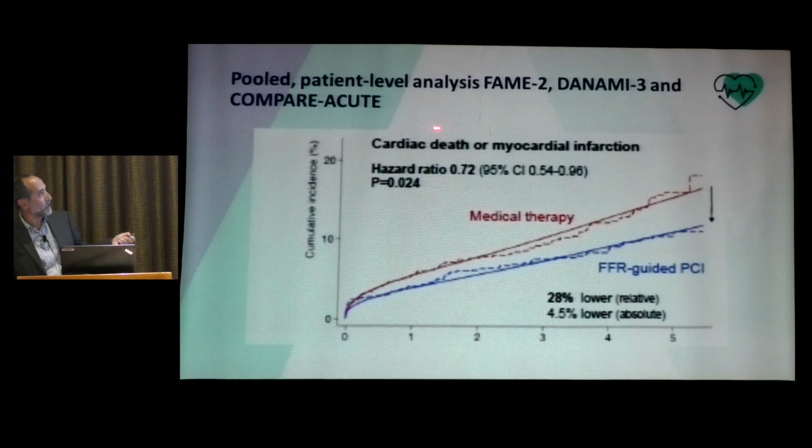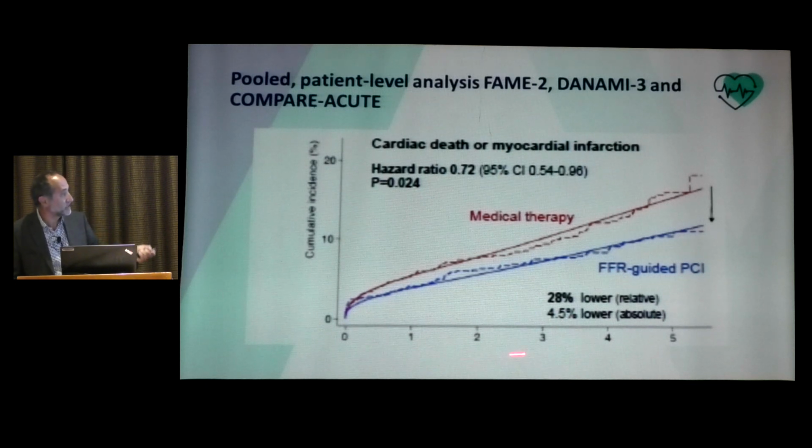And when they combined the results of FAME 2, DANAMI-3, and COMPARE-ACUTE, which are three studies that looked at that, not only do you get a reduction in MACE with FFR-guided PCI versus medical therapy, but there was also a reduction in cardiac death and myocardial infarction. This is important because in PCI, we know that it reduces ischemia and recurrent revascularization, but we don't have any evidence that performing angioplasty or stenting on patients with coronary artery disease improves mortality and the rate of recurrent myocardial infarction.